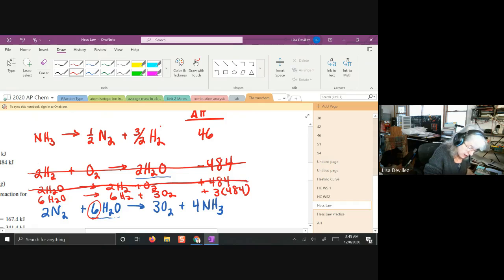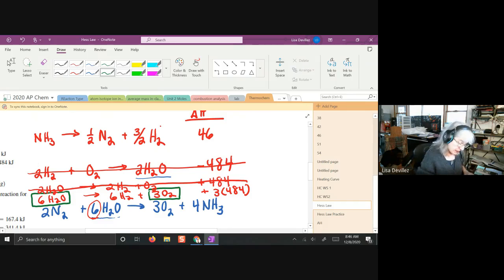So I'm going to mark that one out. What I usually do is once something is on the correct side and has the coefficient I need, I'll put a box around it to let me know I probably don't want to mess with that equation anymore. So not only do I have the water where I need it, that also fixed my oxygen.